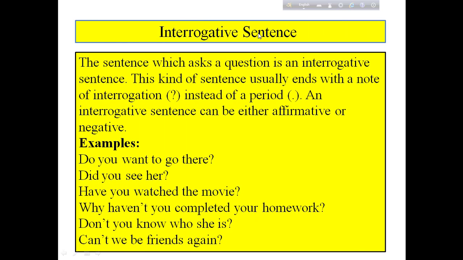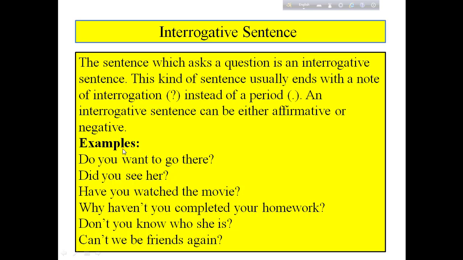Now, interrogative sentence. The sentence which asks a question is an interrogative sentence. This kind of sentence usually ends with a note of interrogation, I mean question mark, instead of a period, I mean full stop. An interrogative sentence can be either affirmative or negative.